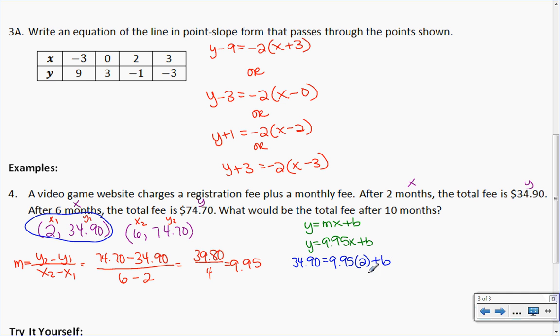So in order to solve for b, we need to get rid of this whole thing. So let's first multiply. 9.95 times 2 is 19.90. And then to get rid of this, we will subtract it from both sides.